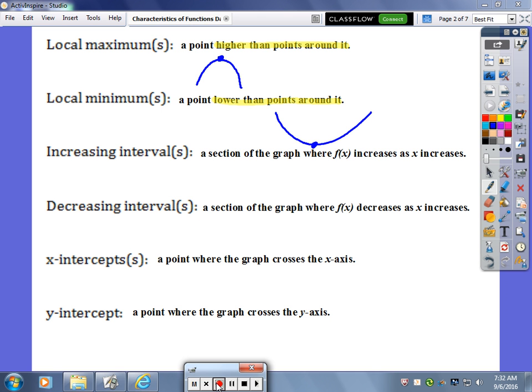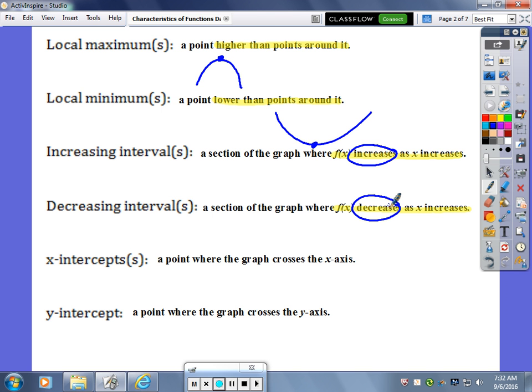So then an increasing interval is a section of the graph where f of x increases as x increases. And I'm going to circle this word and you will see in a minute why. The decreasing interval is a section of the graph where f of x decreases as x increases.